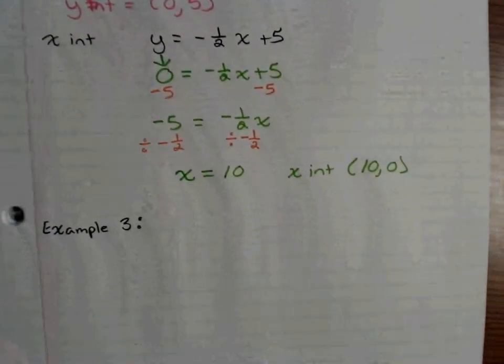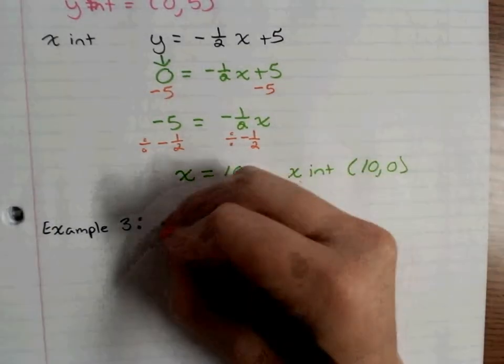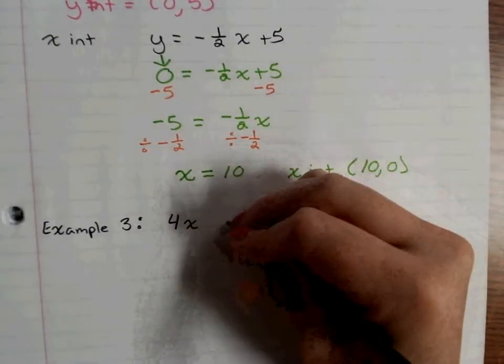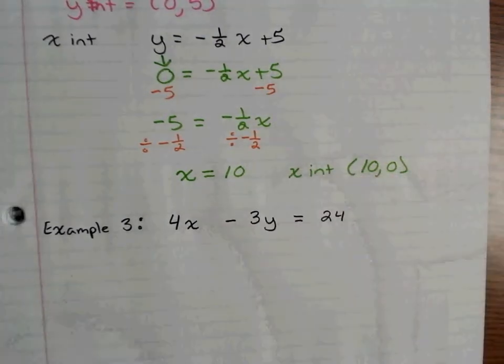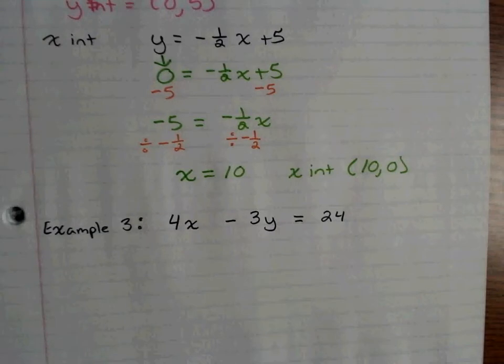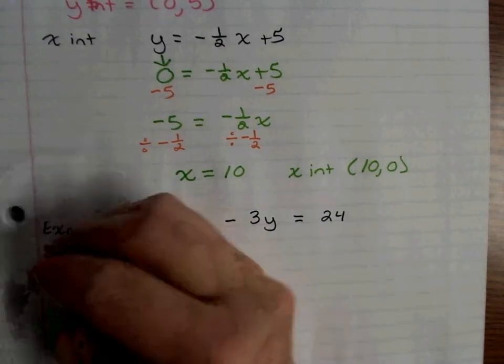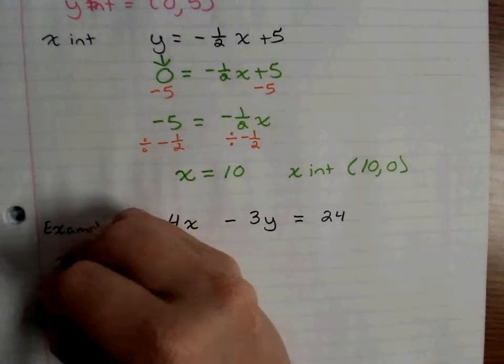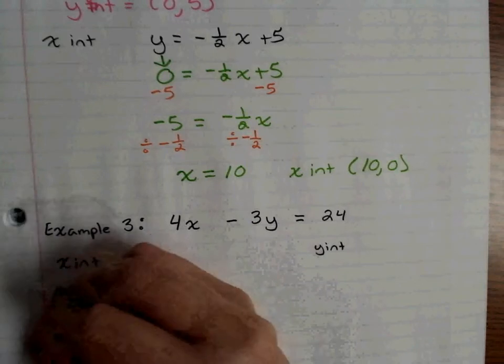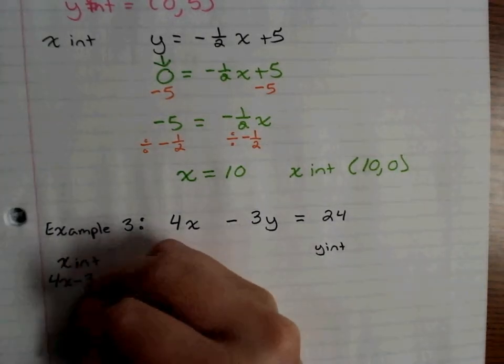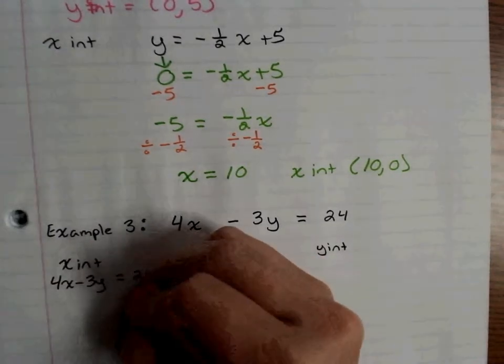So if you have an equation already written in standard form, so if we have 4x minus 3y is equal to 24, and we're wanting to solve for the different intercepts, it's really, really simple. If I write my equation in two different spots, so I can do my x-intercept on one side, my y-intercept on another side. So I've got 4x minus 3y is equal to 24.